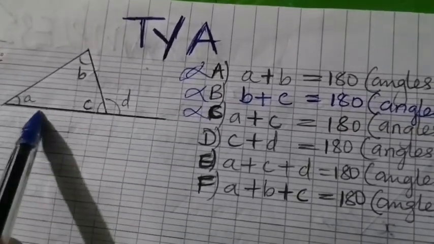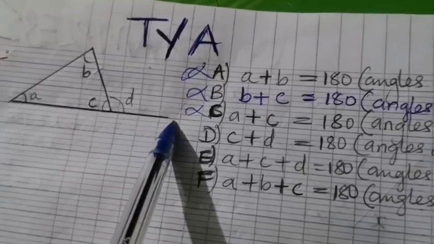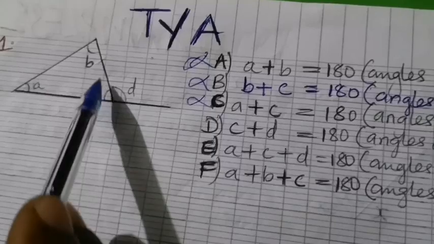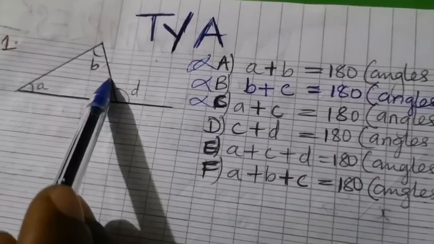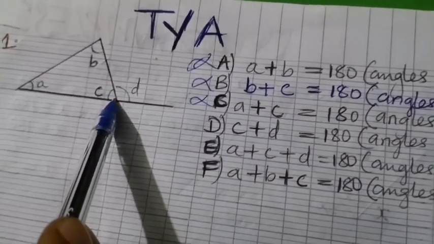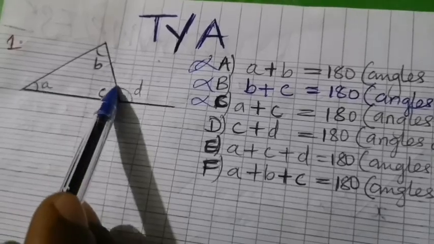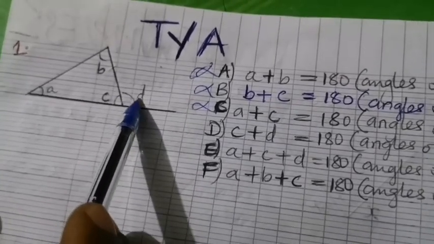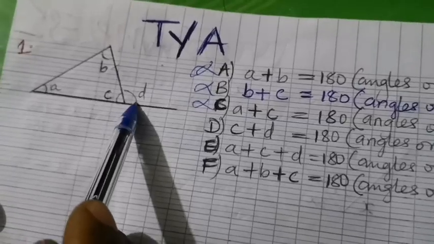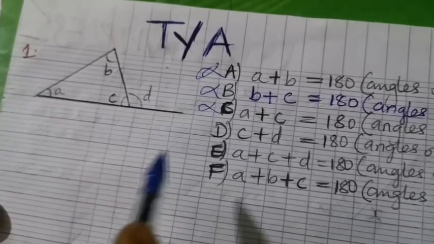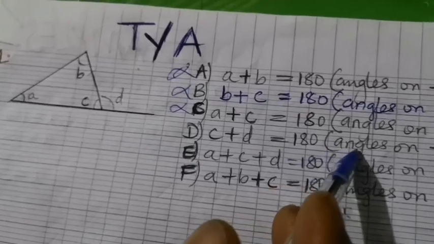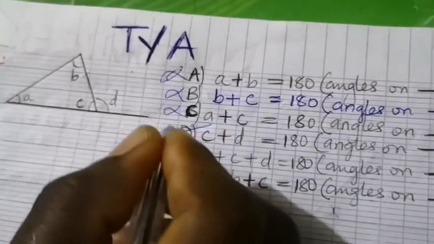So that means this line is a base line to this very line, and this line now forms an angle on a straight line. So C plus D is equal to 180 degrees because there are angles on a straight line here. So that one is correct.